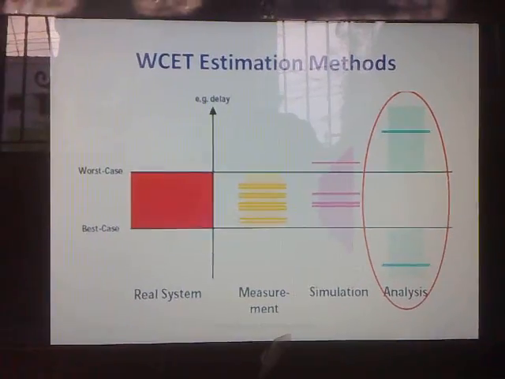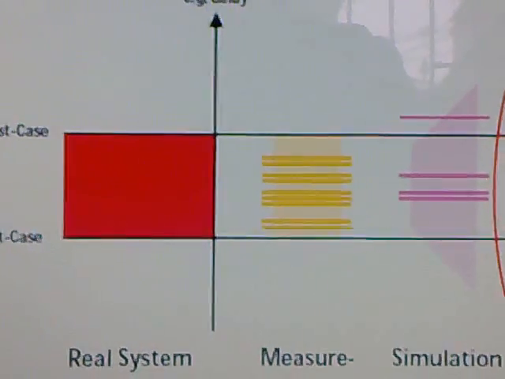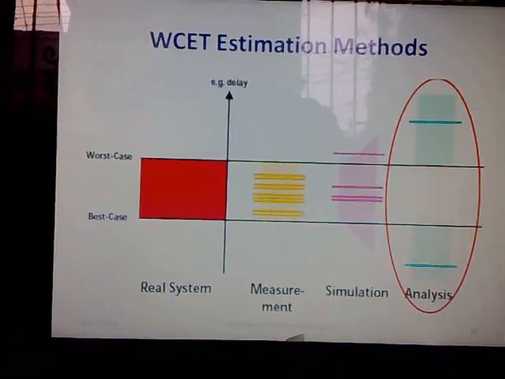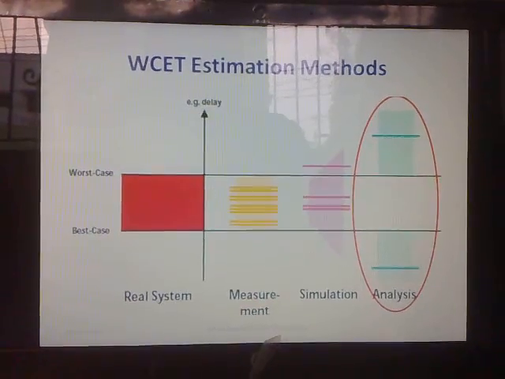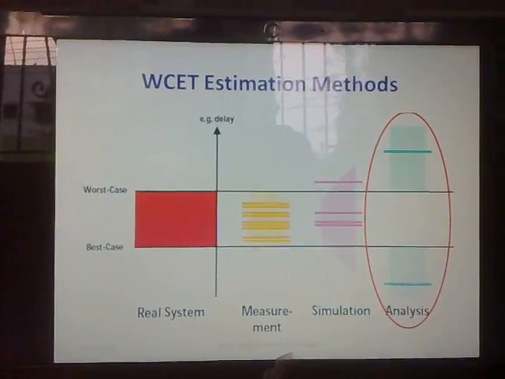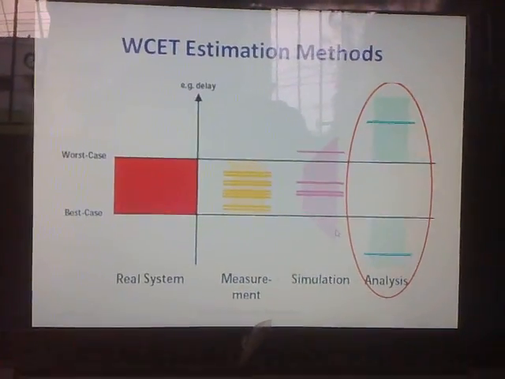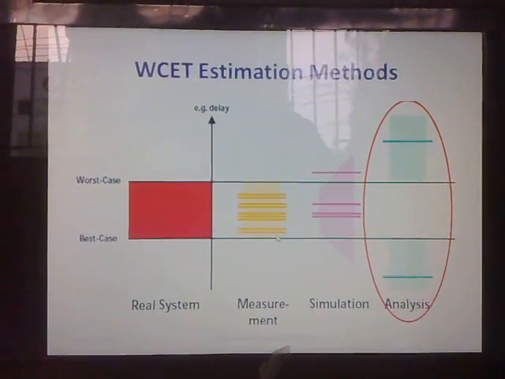This is how WCET has been estimated for a simple delay example. We could see a real-time application here. The yellow color shows measurement, and we cannot differentiate between the worst case and the best case.